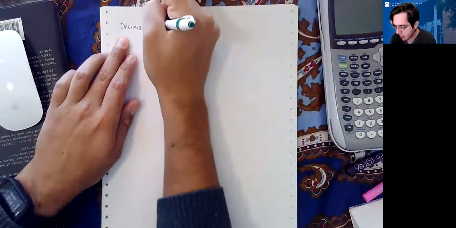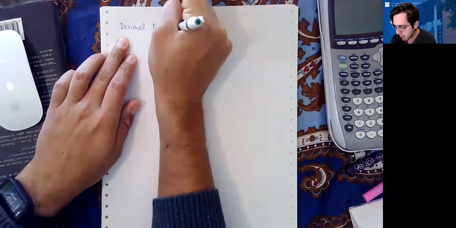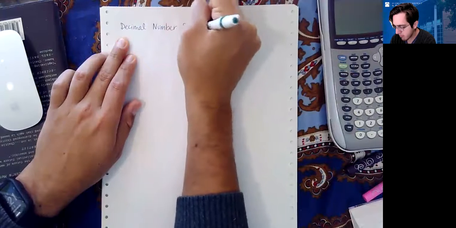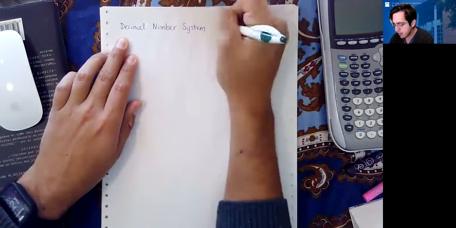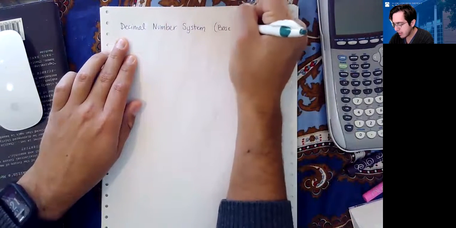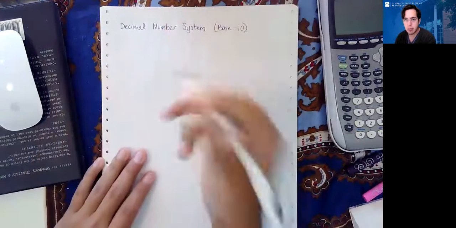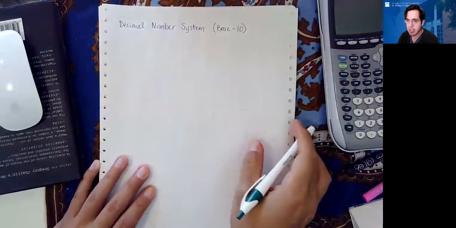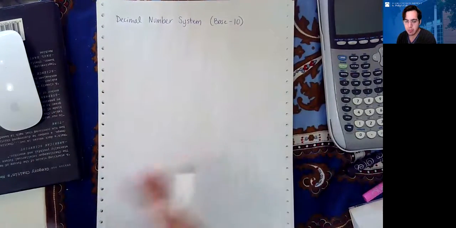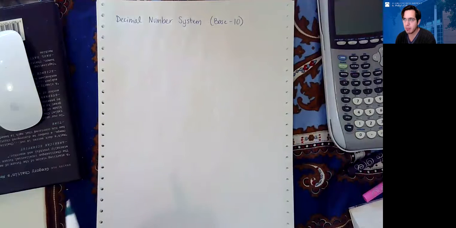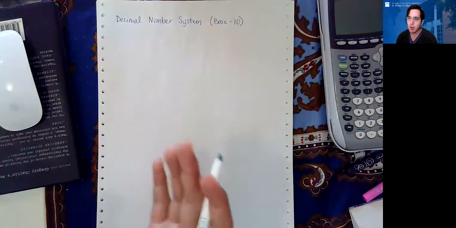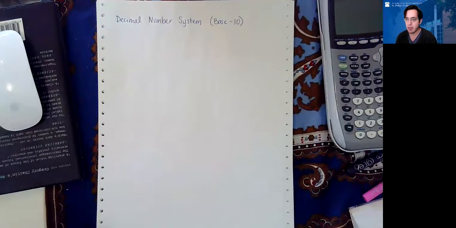So we have a decimal number system that is sometimes referred to as base 10. And the reason why we call it base 10 is because we have these place values in our digits for our numbers, and each of them can store 10 values, 0 through 9. If we get more than 9 in a particular place value, then we have to sort of pour that over into the next place value up.